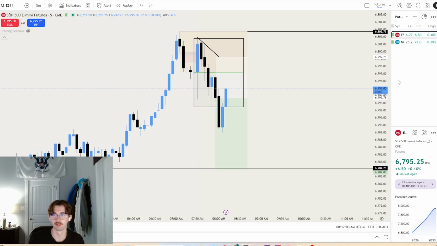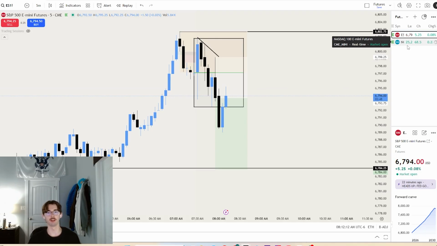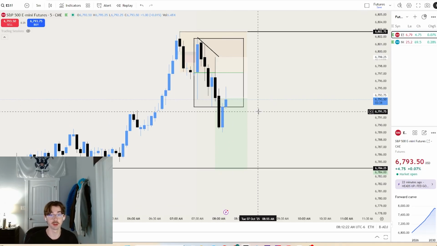I could have stayed in it. I'm not trying to risk. If the government wasn't shut down today, if price was reacting a little more strongly, I would have stayed in this position, because honestly this looks to me like a higher time frame retracement at equilibrium.